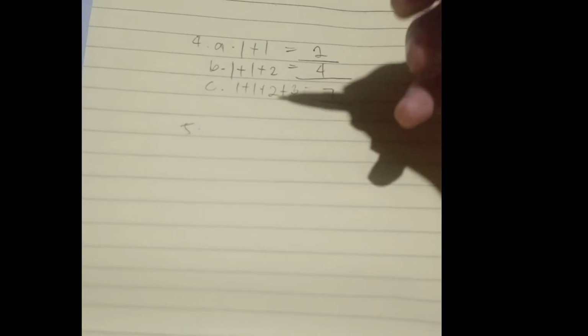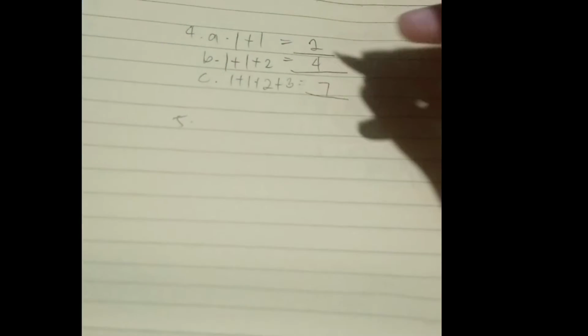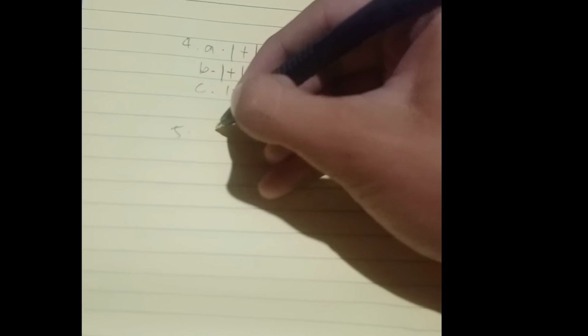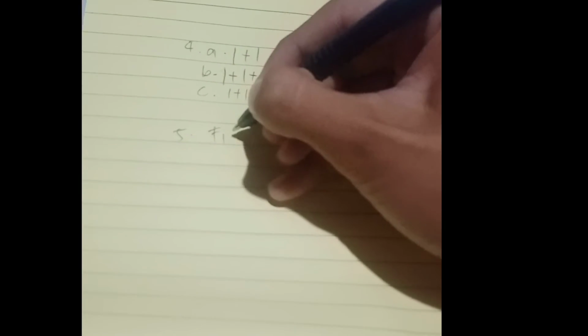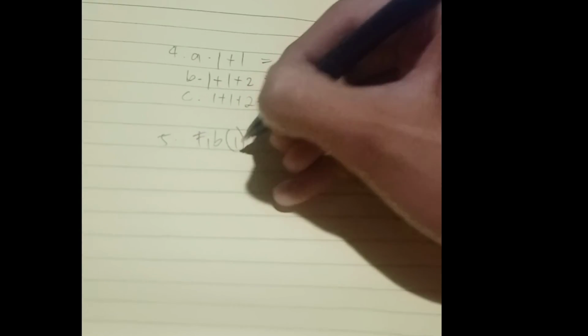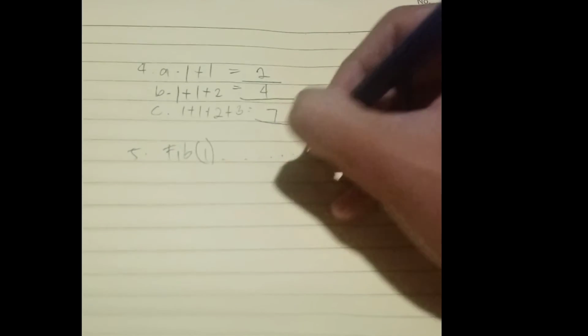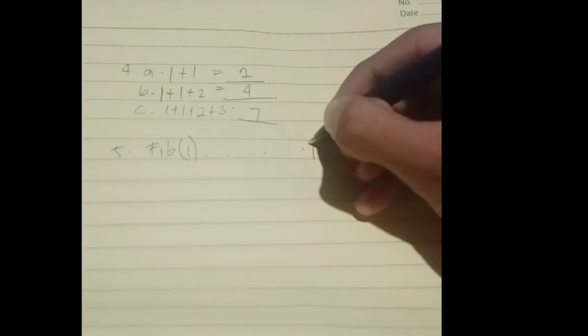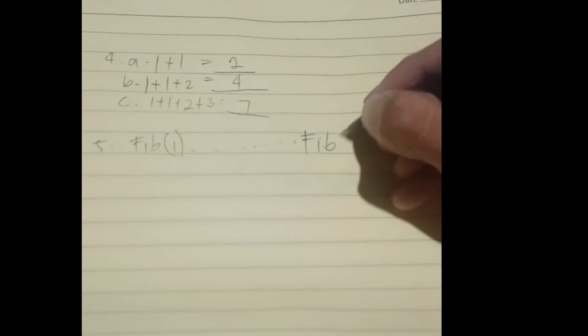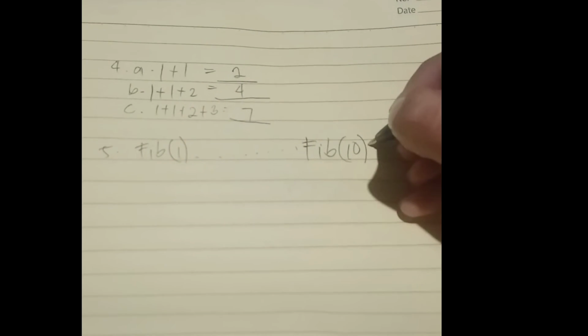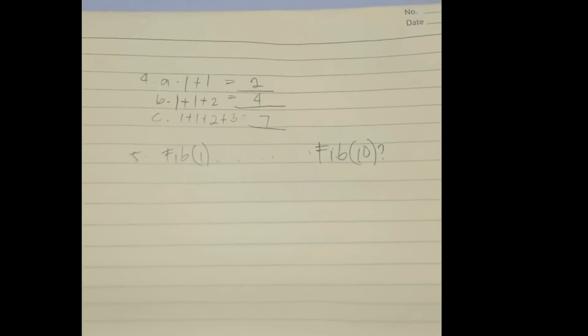So next, let's proceed to question number 5. Same problem, the summation of the first term fib 1 to fib 10. So what's the summation of it?